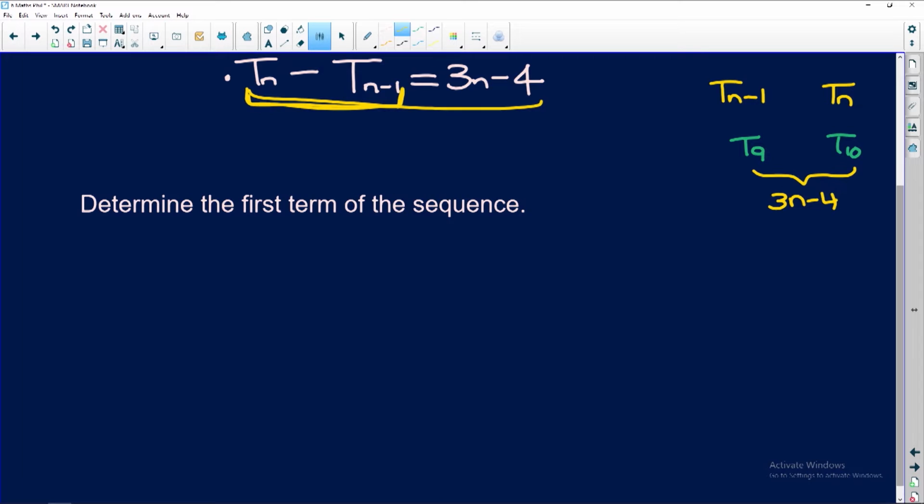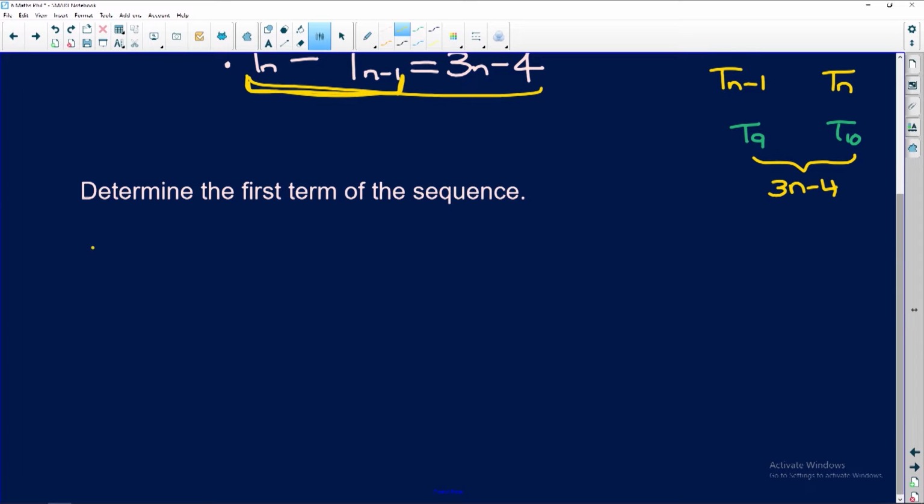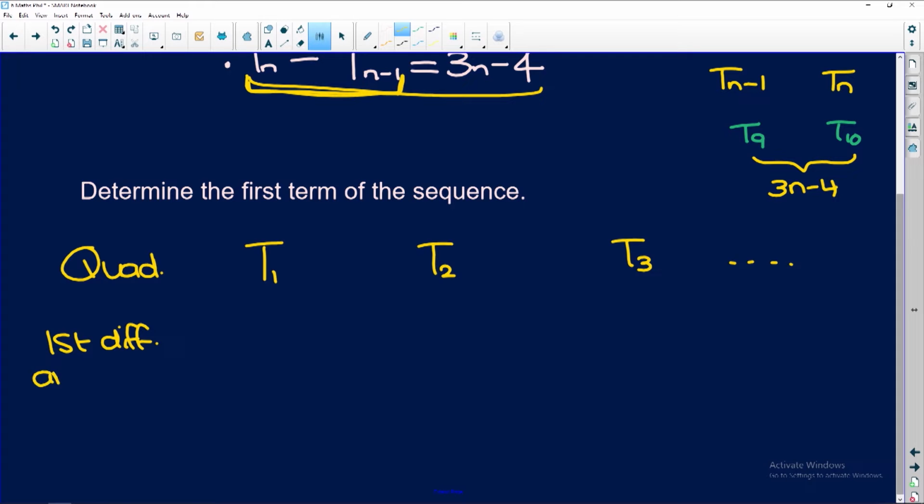So what you need to remember with a quadratic, let's say I have a quadratic sequence, the first term, then the second term, then the third term, etc., okay? The first differences always form an arithmetic sequence.